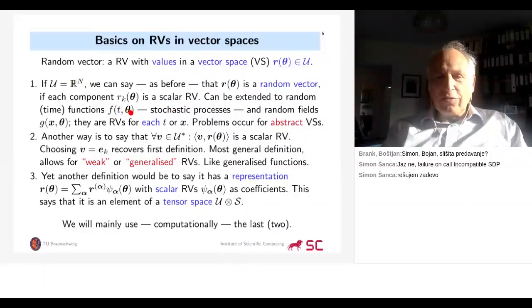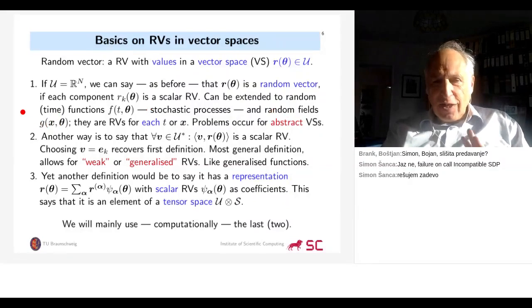This can be extended to time functions, stochastic processes, where you say for each moment in time this is a random variable, or random fields where you say for each position x this is a random variable. Problems with this kind of definition occur for abstract vector spaces, where you don't have the interpretation that this is a function or whatever. So that's needed sometimes too.